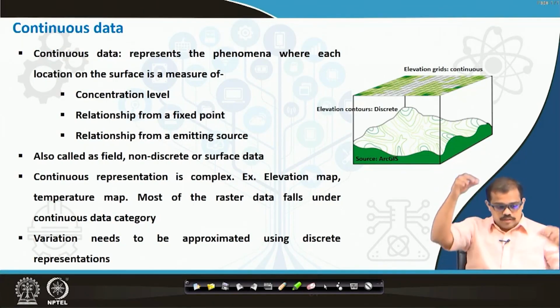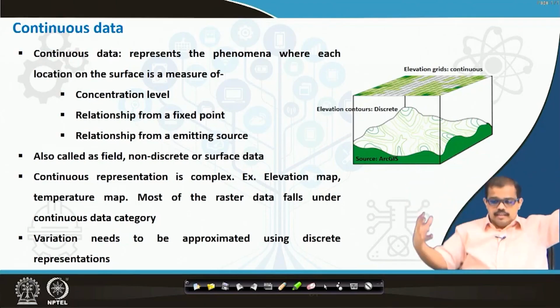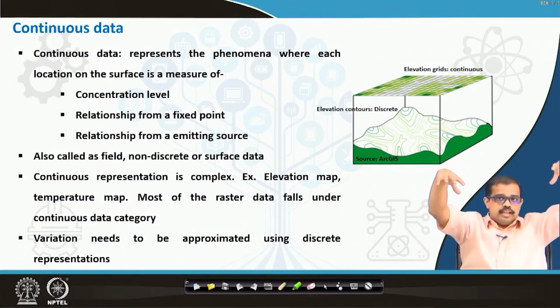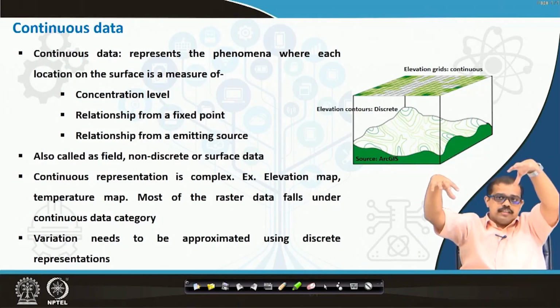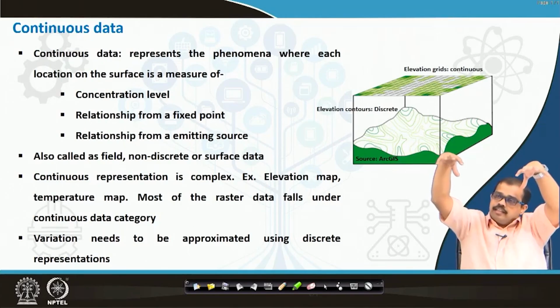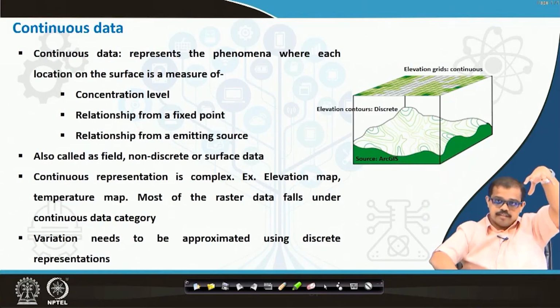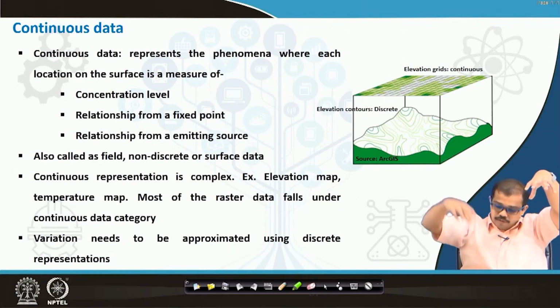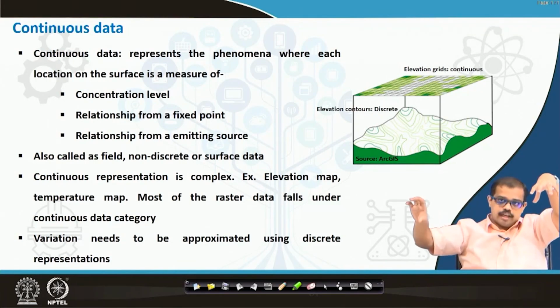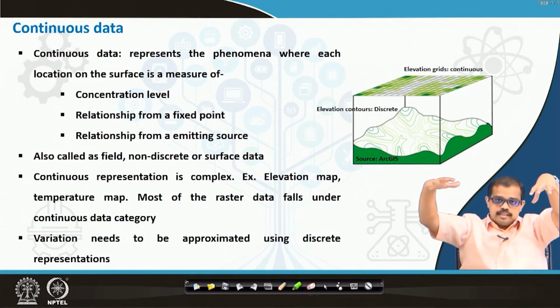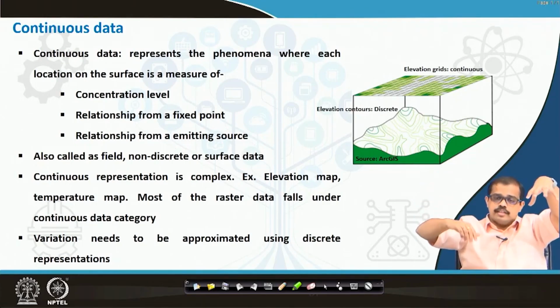For example, if you have a satellite here, let us say my left hand is a satellite and my right hand is the sun. Now, you have solar energy that hits the surface. Before it hits the surface, there is atmosphere which absorbs a certain amount of energy, so some part of the energy is lost.